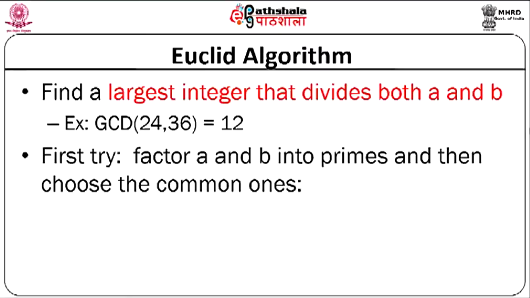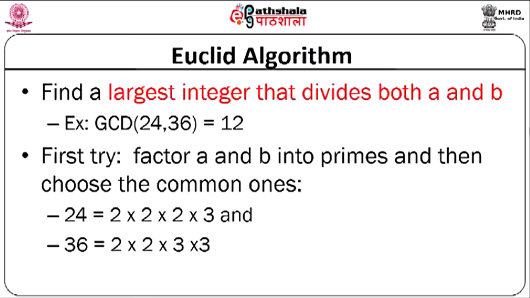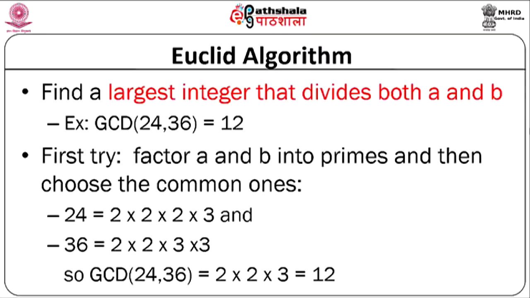We have to factor A and B into primes, and find the common ones. 24 can be factored into primes as 2 into 2 into 2 into 3, and 36 is factored as 2 into 2 into 3 into 3. Now you can see the common part is 2 into 2 into 3, so that is going to be 12. So, factoring the numbers and finding the product of the common factors gives you the answer for the problem of GCD.